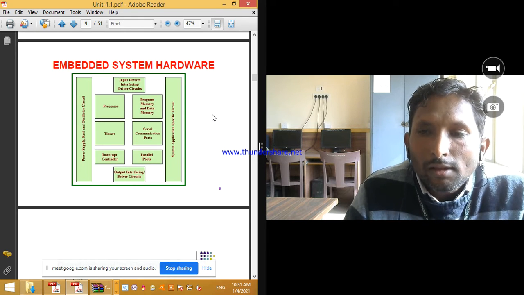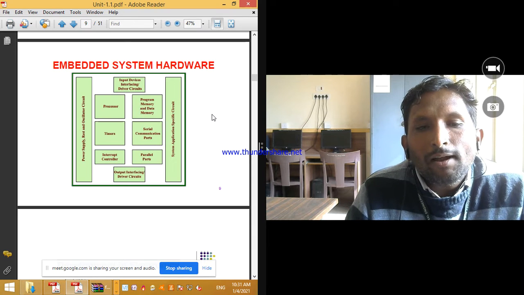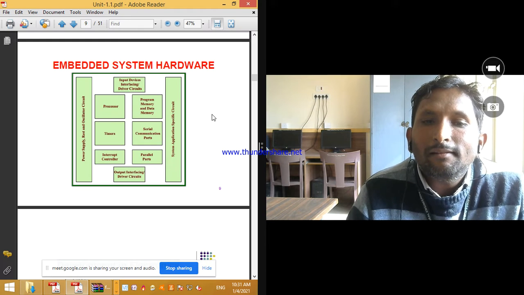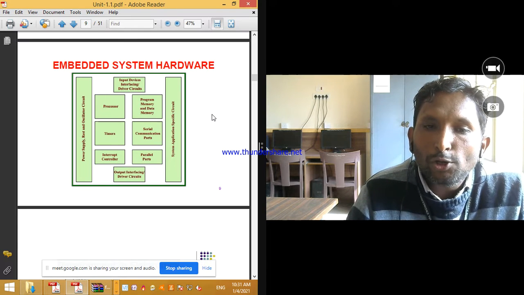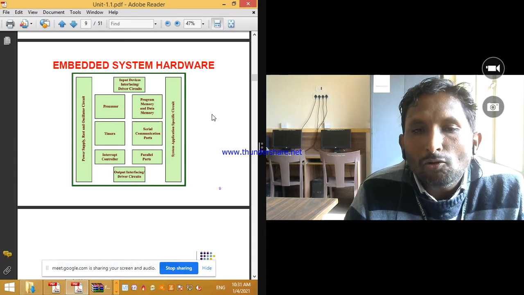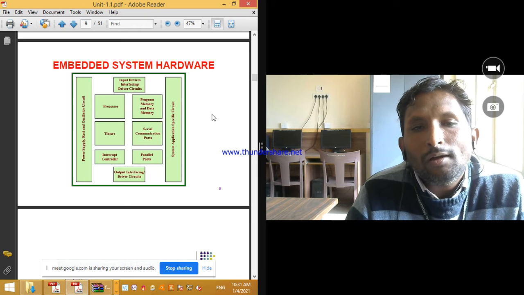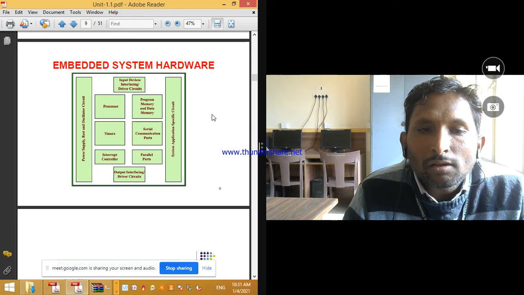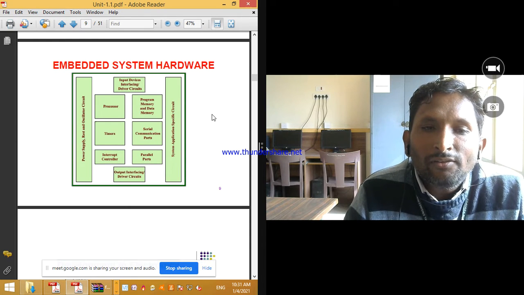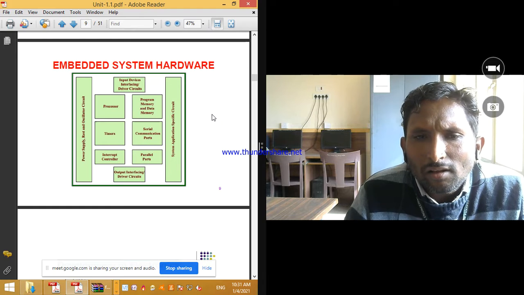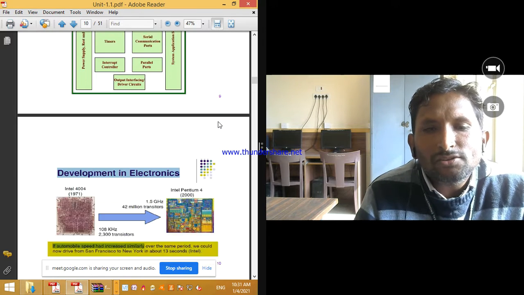First the processor, then the program memory, timer, the different serial communication ports, parallel ports, interrupt controller. Again, power supply, then reset and oscillator circuit, and system application specific circuit. These are the different parts of embedded system hardware.